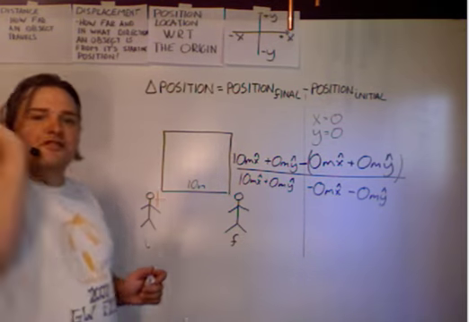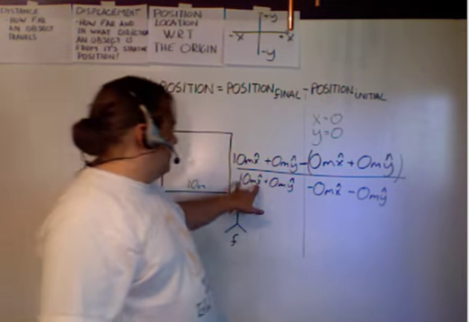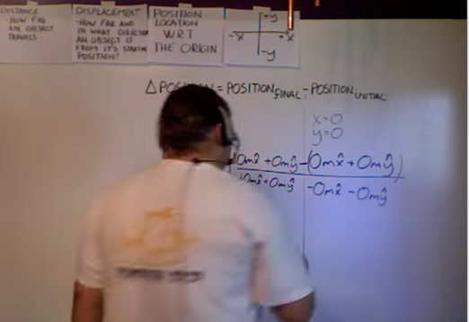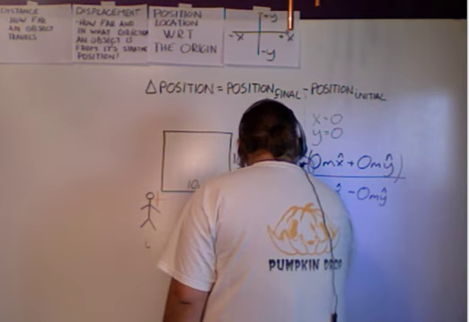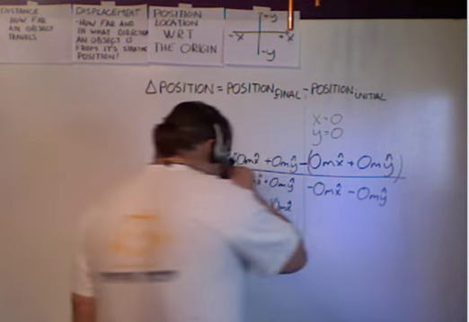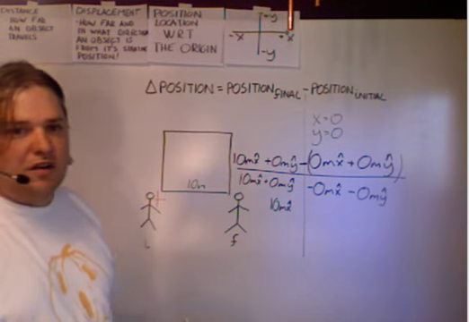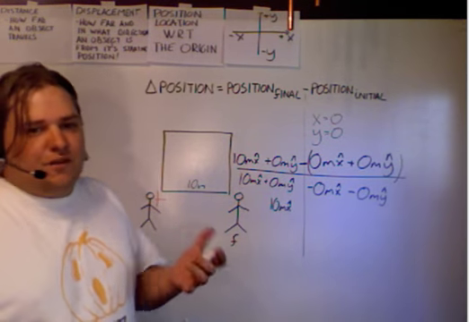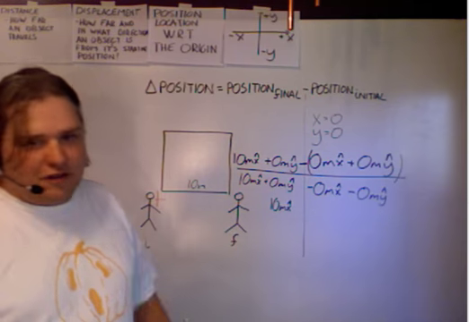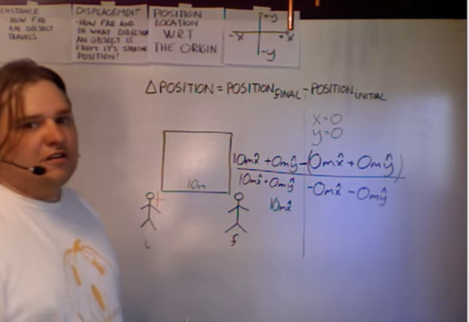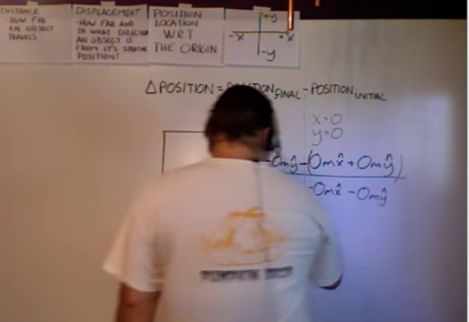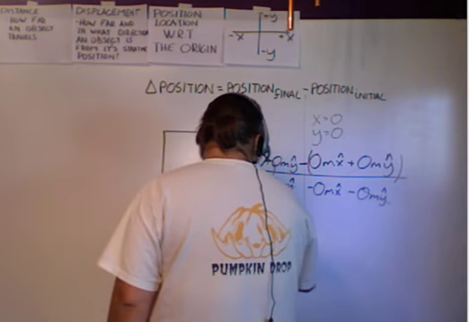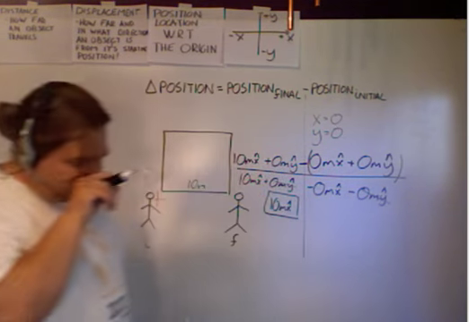Adding my x's to my x's and my y's to my y's, I'm going to have 10 meters minus 0 meters, 10 meters. So I end up with 10 meters x hat. And then adding 0 meters to negative 0 meters, who cares? It's 0. I mean, it's 0 minus 0, 0 plus 0, 0 multiplied by 0, 0. So it turns out that these terms aren't even important. Well, they're important because they're 0.